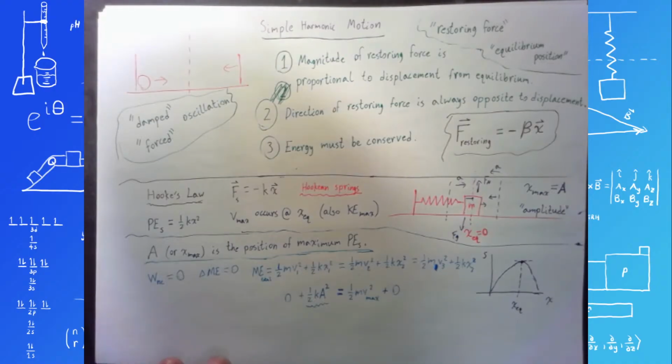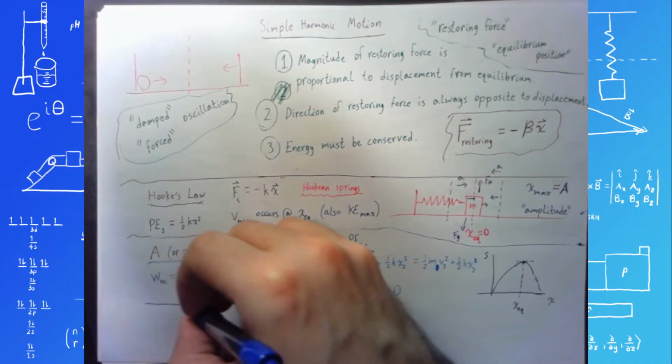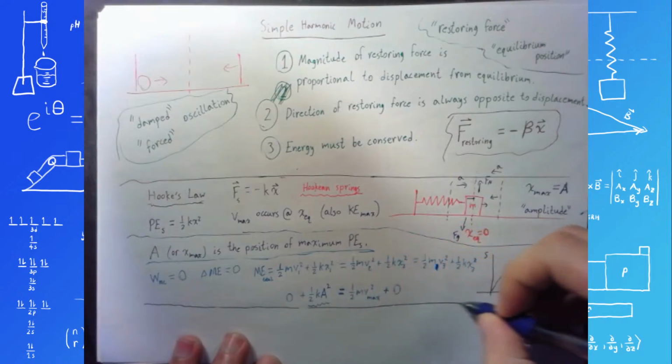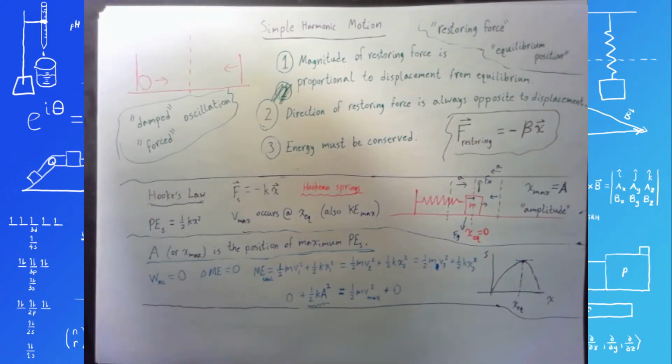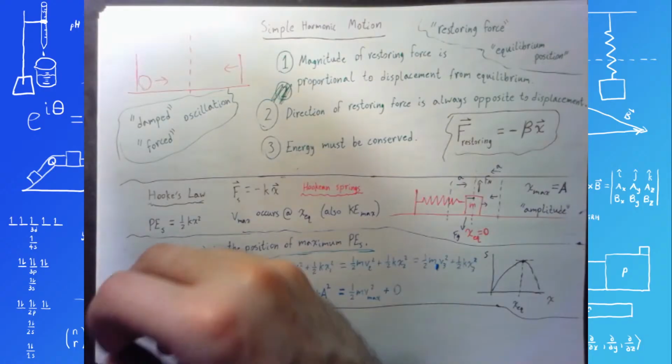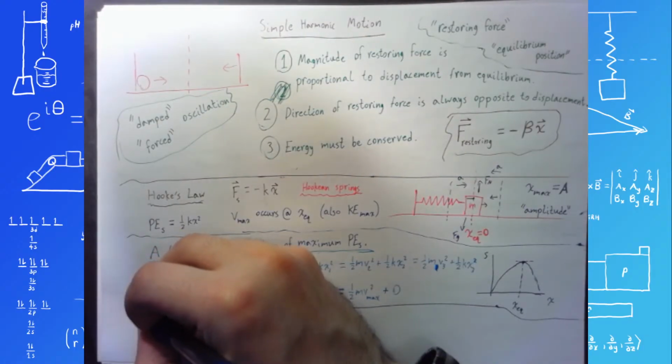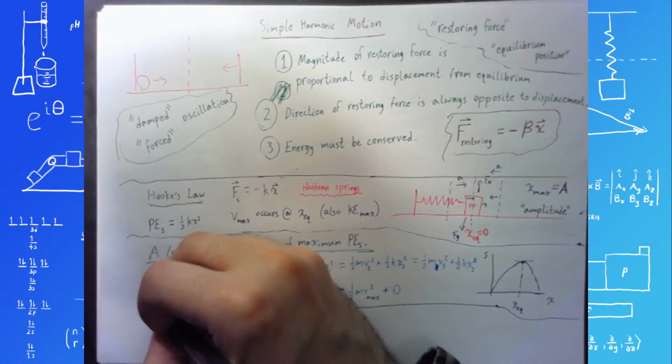So those are the two things to find. So it says total energy is E, mechanical energy total. They're just calling that big E.